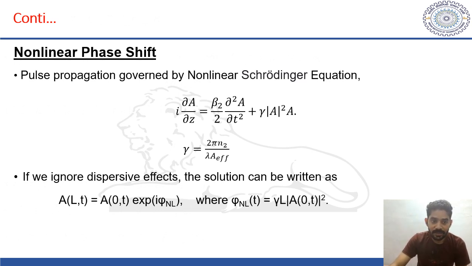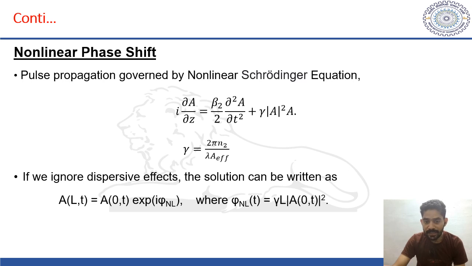Nonlinear phase shift. The pulse propagation is governed by the nonlinear Schrodinger equation. Here we are not interested in beta 2, as we already said, because beta 2 gives the dispersive effect, and in our experiment the dispersion length is very high and we are not able to see the dispersive effect. Gamma is a nonlinear parameter.